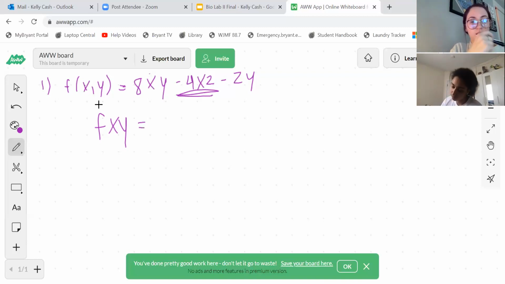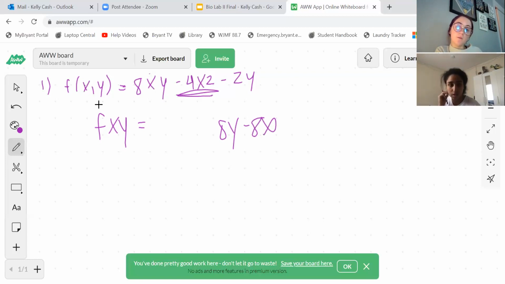So now this one is f of x and then of y. The first one for x was 8y minus 8x. And if we were to do it for y, what would we get? Sorry, what did you say to do? This means that you take it with respect to x and then with respect to y. So the first derivative, when we took it with respect to x, this is what we got.